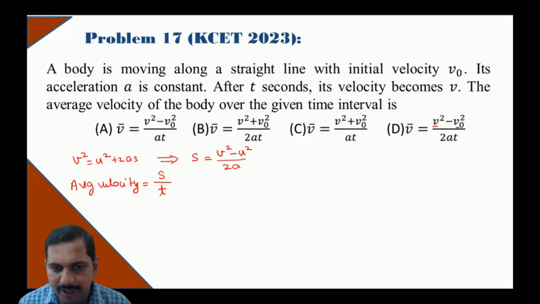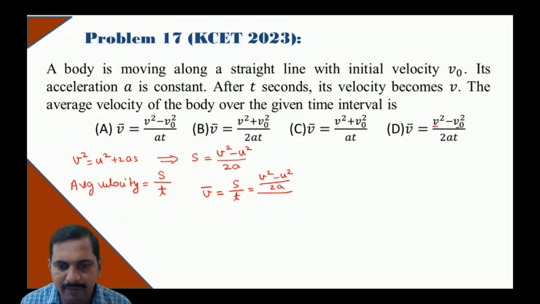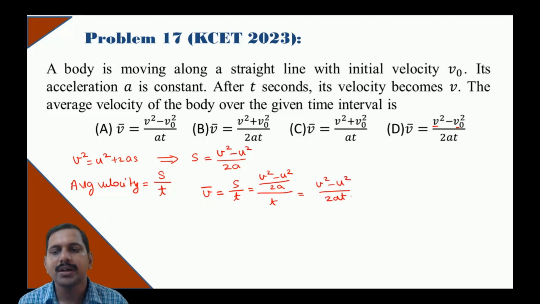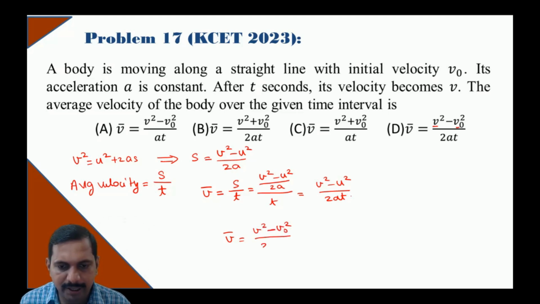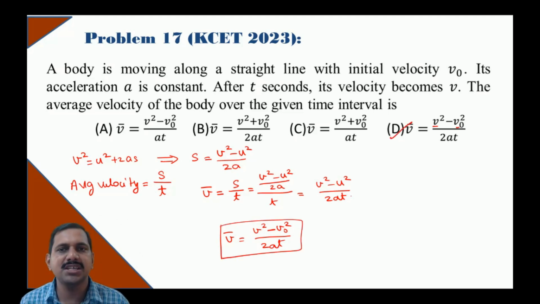And our average velocity v bar is equal to displacement over time, which is v square minus u square divided by 2a and time. Here in this problem, u is given as v0, so we get v square minus v0 square divided by 2at. This is the first method of solving, which is the easiest method.